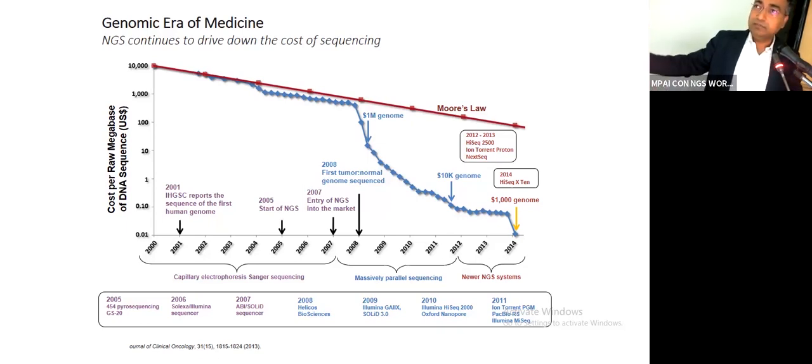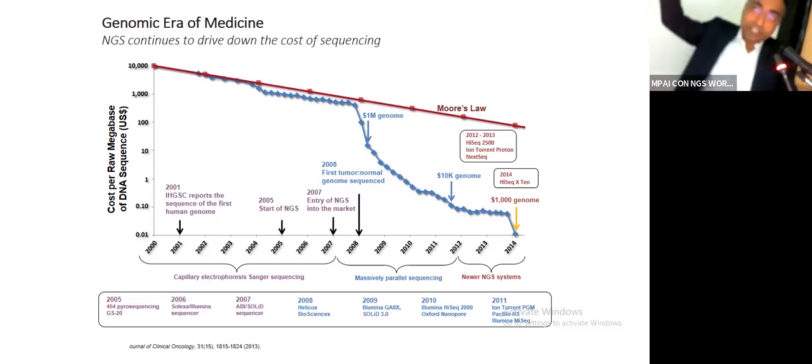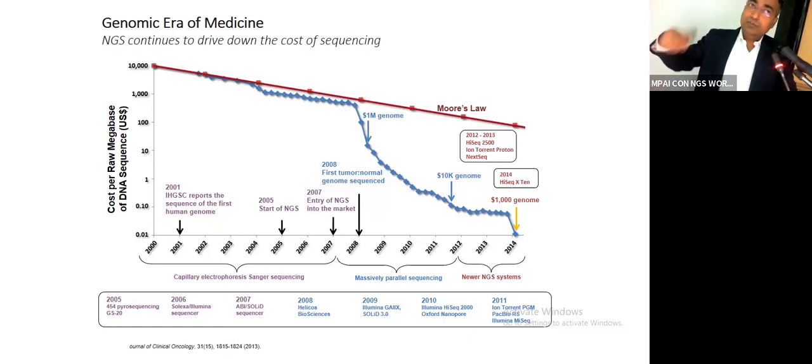Not at the moment, but this is where we are moving. If you are able to bring down the cost that way, you could afford whole genome sequencing. That is where much of sequencing is driven.